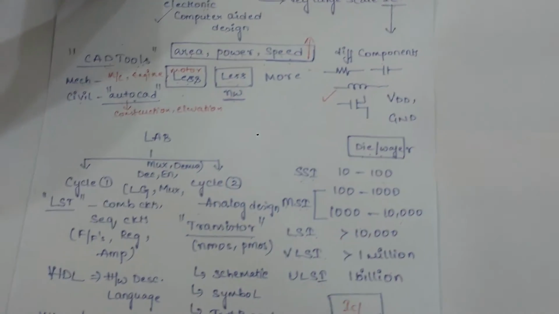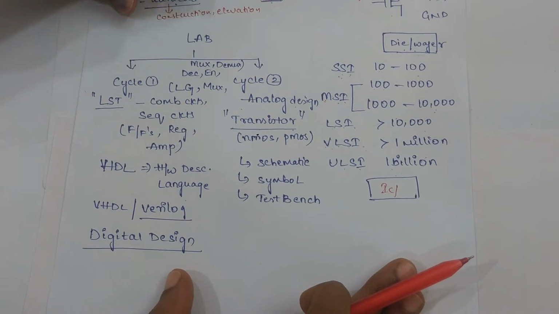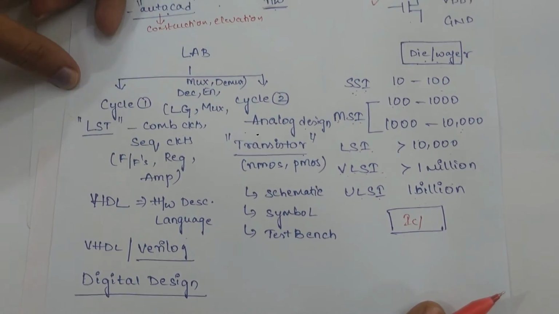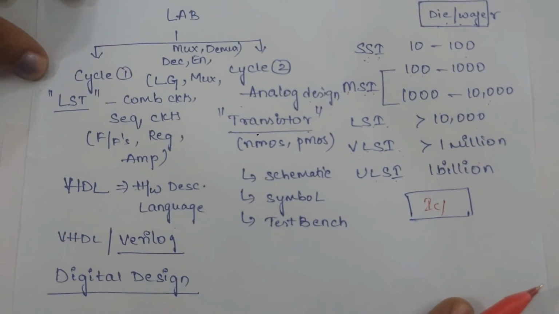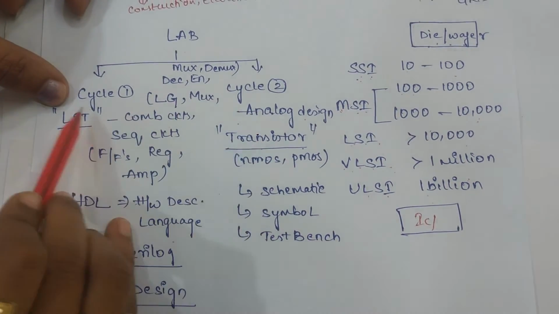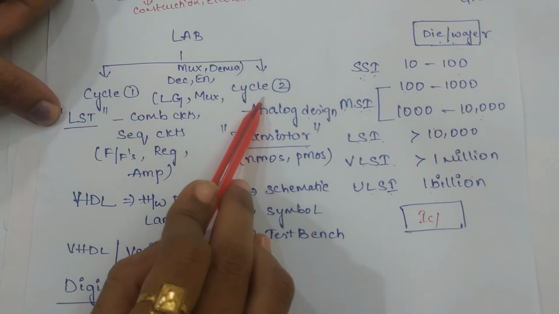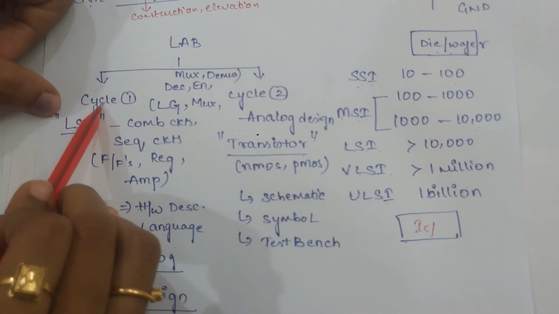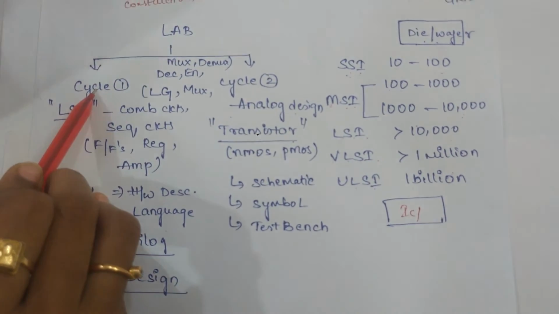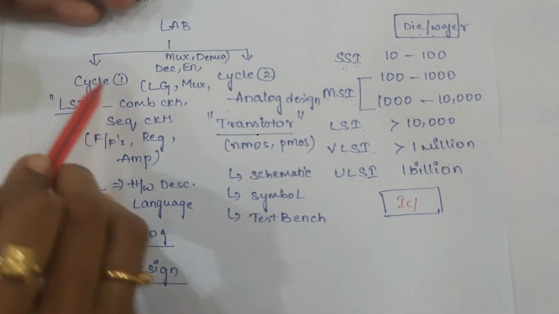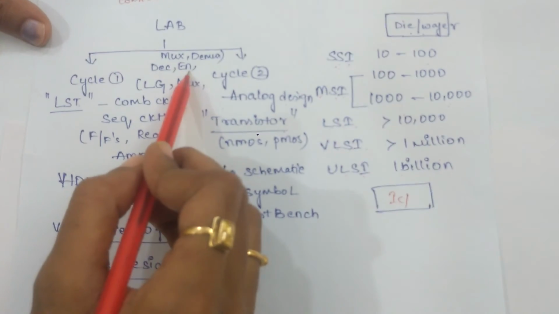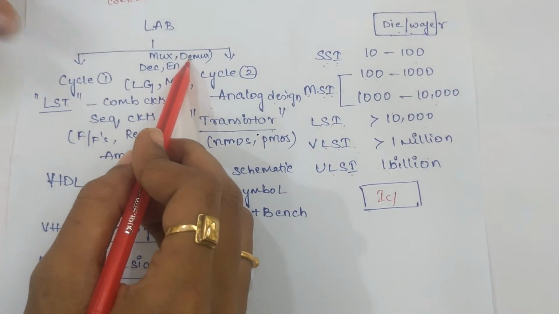Now let us see what you are going to study in this particular laboratory, what things will be present and how those things will be useful for you in your future. Your complete lab session is classified into two cycles: cycle 1 and cycle 2. Cycle 1 mainly concentrates on combinational and sequential circuits. For example, combinational circuits are your logic gates, decoders, multiplexers, encoders, demultiplexers.